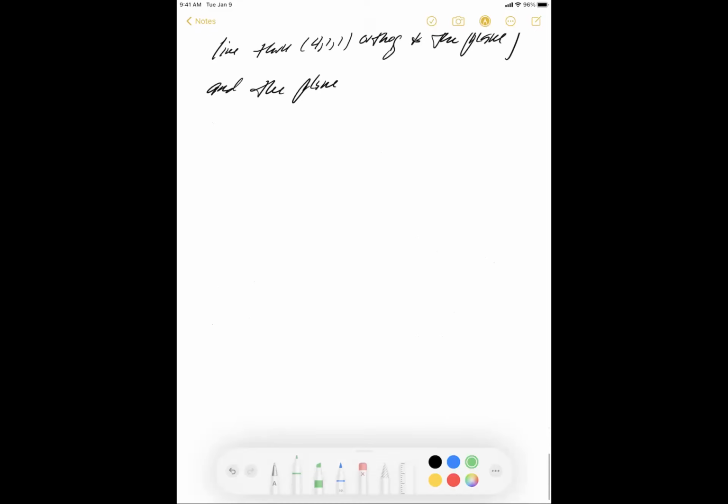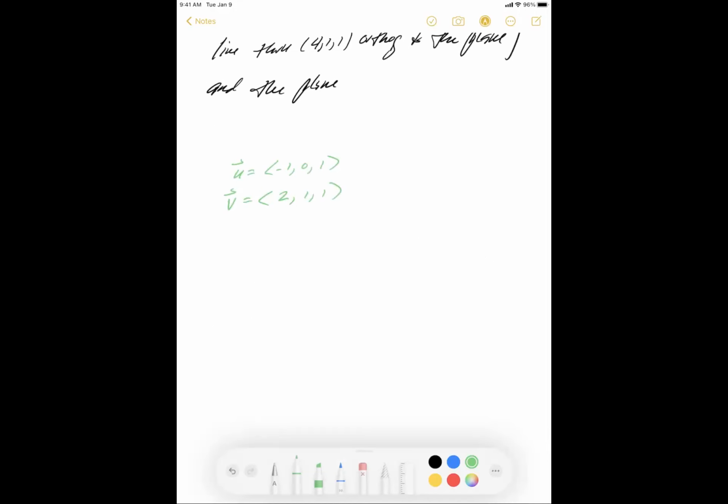So for part B, what do we have? U is -1, 0, 1. V is 2, 1, 1. We want an equation of a plane, which means I need a normal vector.